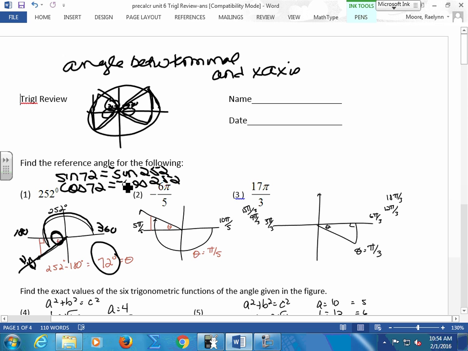But the value itself has to be the same. Try it on your calculator. Do the cosine of 72. Do the cosine of 252. It has to be the same number, but obviously one will be positive, one will be negative because of where we terminated. But that little angle is our reference angle.